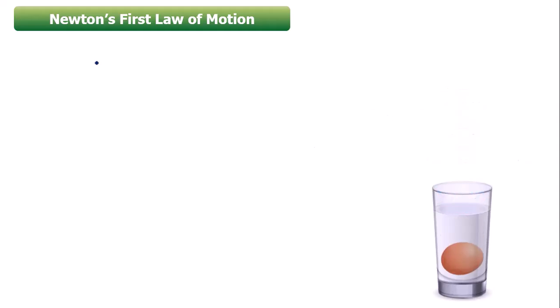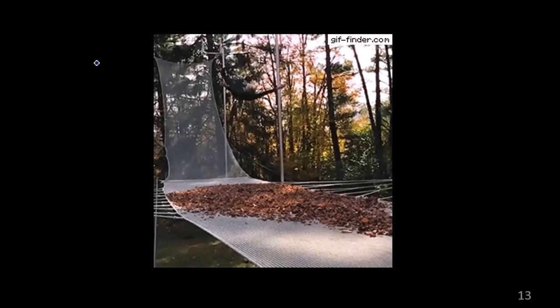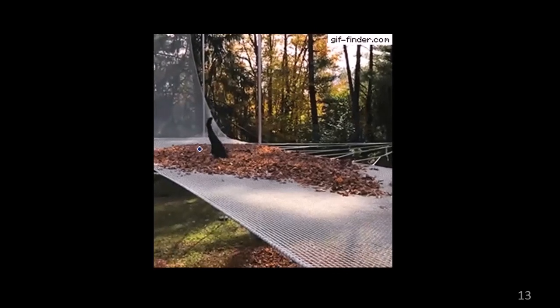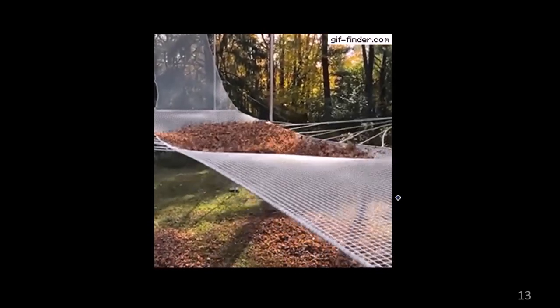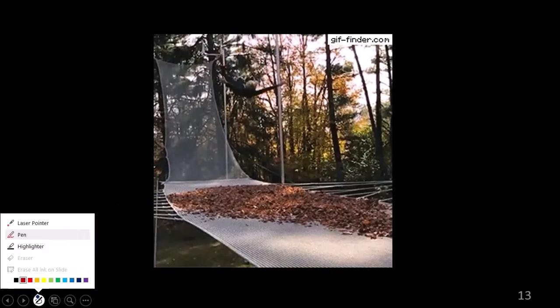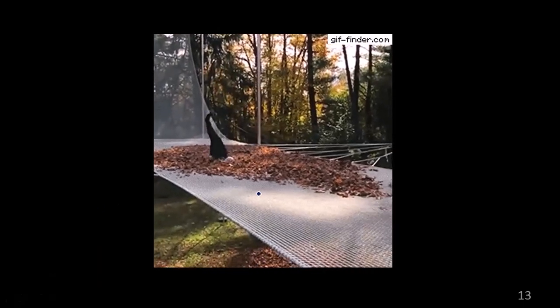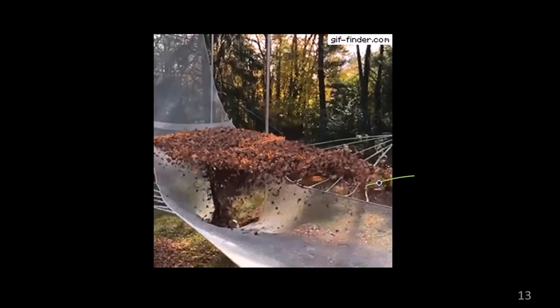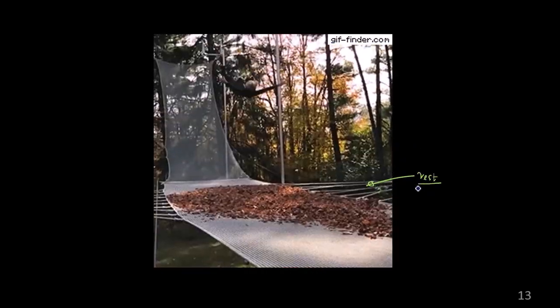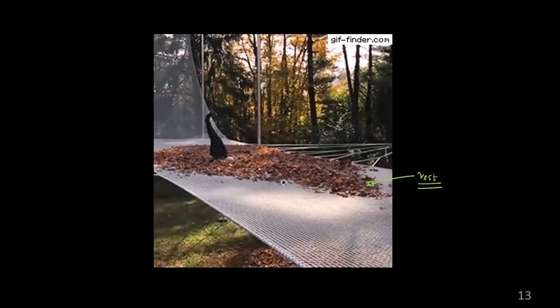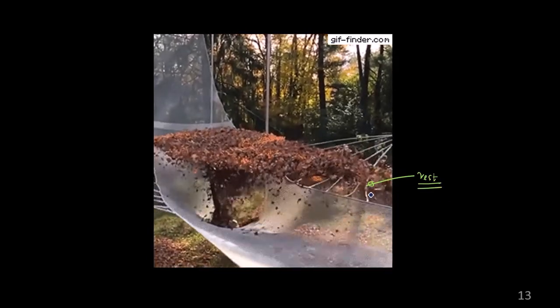The same is the logic for inertia. Once the man jumped, the man disturbed the net, but the leaves that are there are not displaced. That means they are in the state of rest. They are not disturbed simultaneously. It will take some amount of time to disturb this situation.